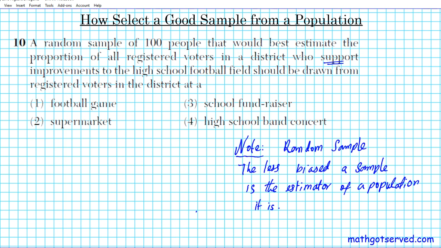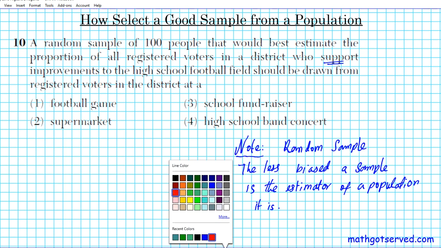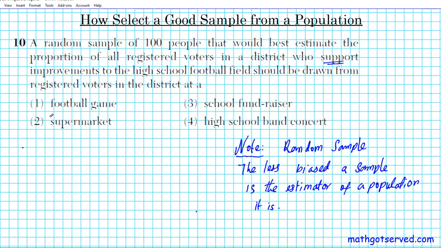Let's go over the options to see which population space has the least bias in it. For option one, people at the football game. Which kind of people go to the football game? People that care about football already, and people that play the game.